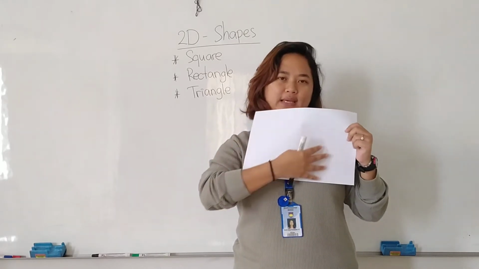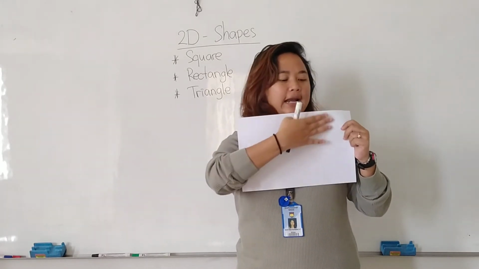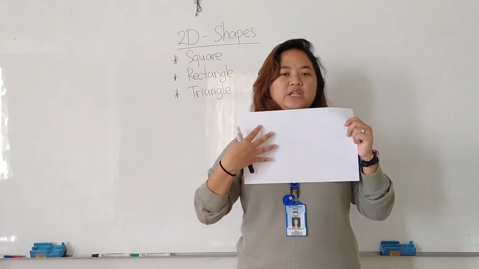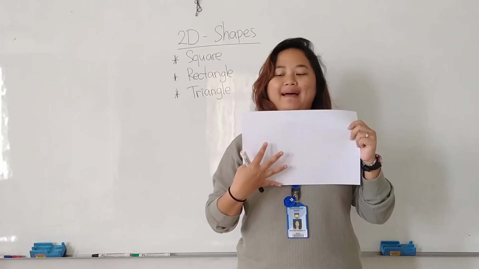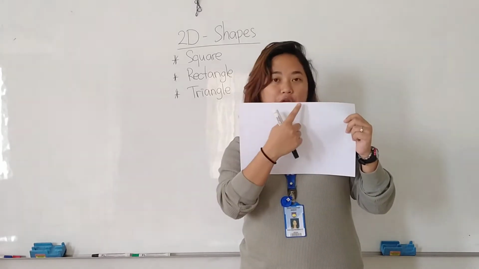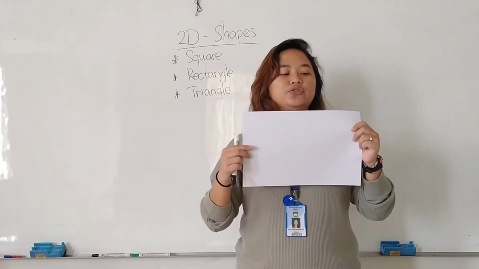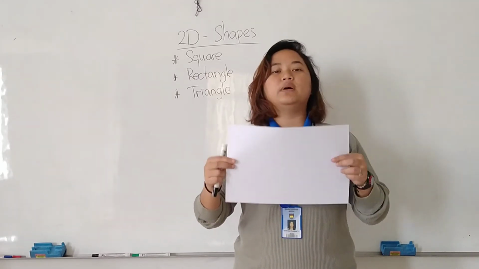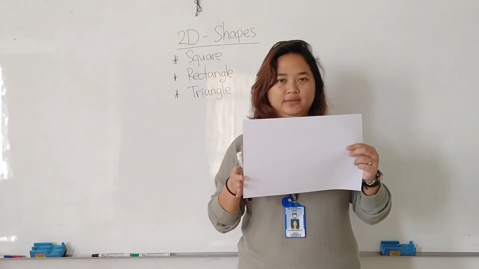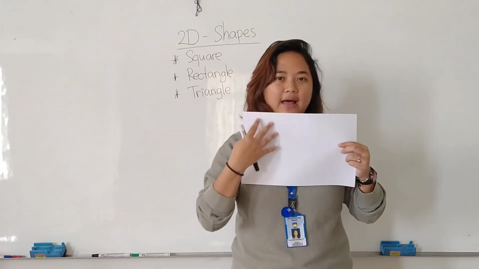Area is how big the paper is. So the area is this surface. You can find it by counting the square units, if it consists of square units. But you can also find the area of a rectangle by multiplying the length and the width. This one is the area.